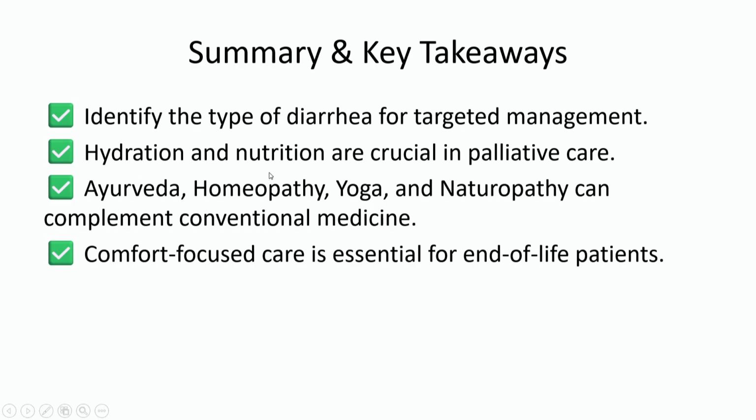You have to manage that, and the nutrition balance, because in diarrhea there is nutrition loss and nutrition is not reaching the body. Ayurveda, homeopathy and these complementary therapies are important and can be added to conventional medicine. Comfort focused care is essential for end of life patients.